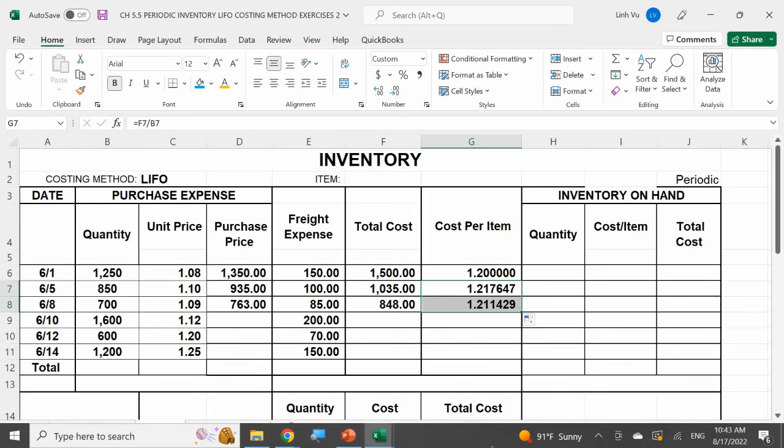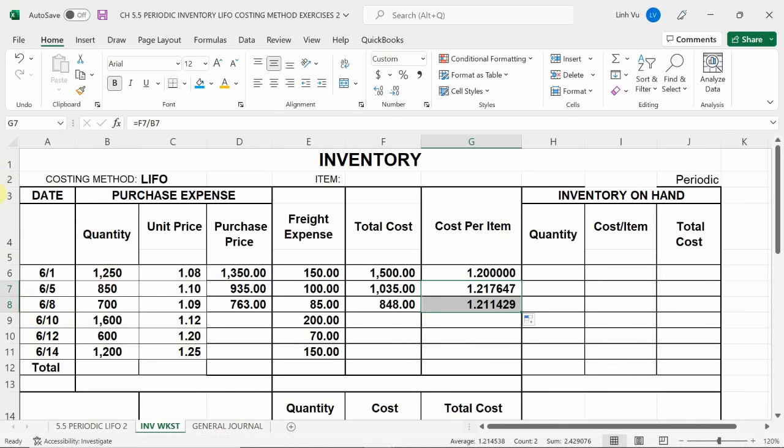Another unrounded number. Next one, we got 1,600 units at $1.12. Purchase price here is 1,792, and then plus $200 of freight, 1,992.